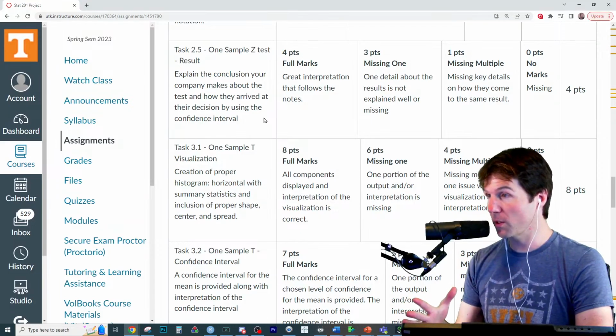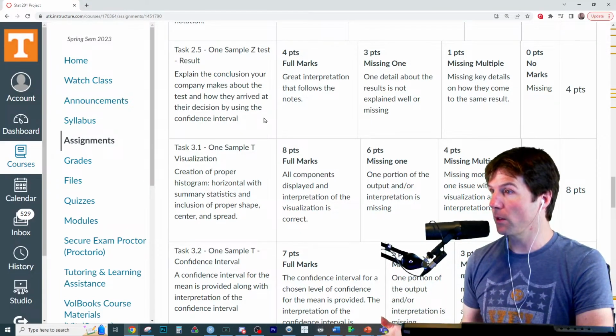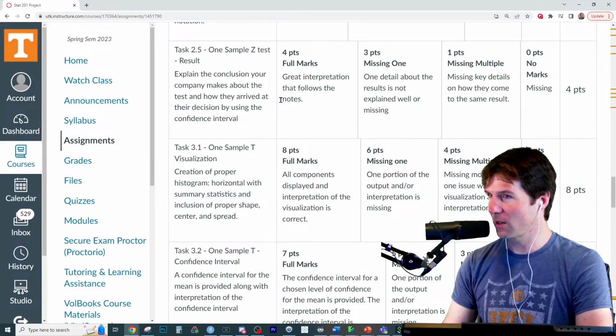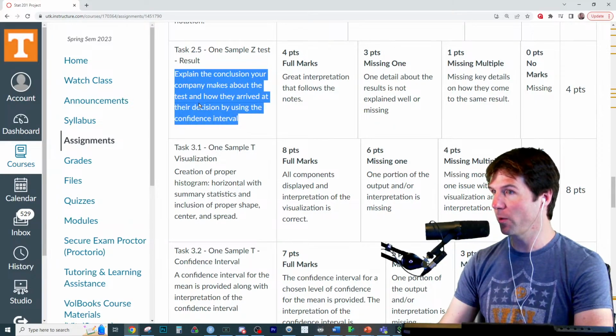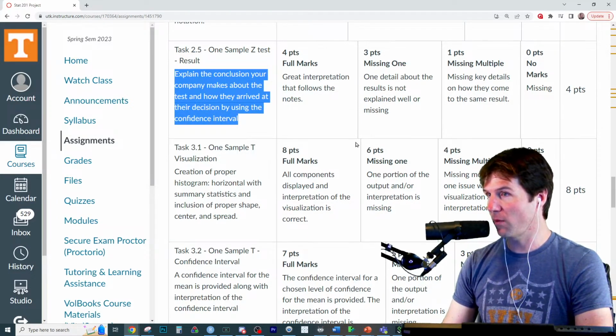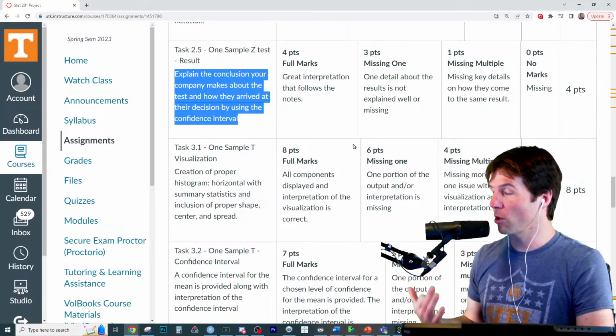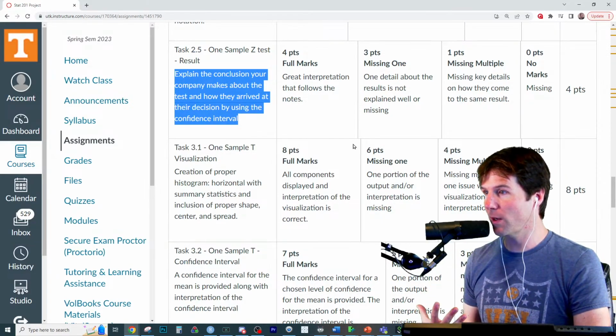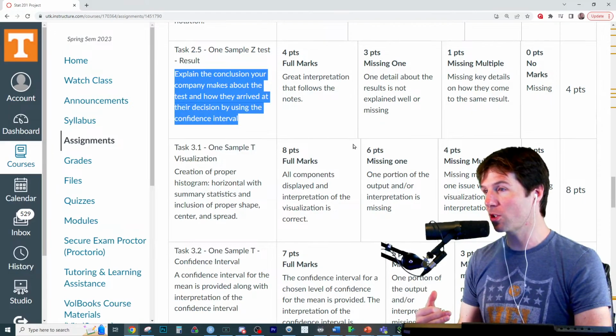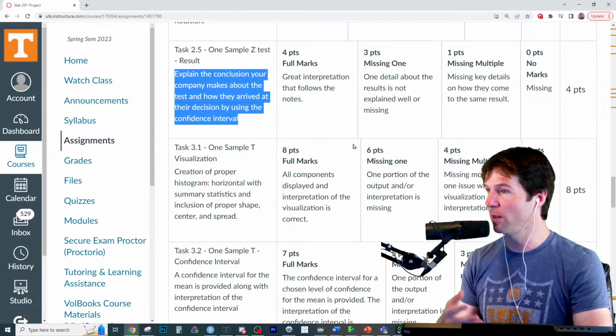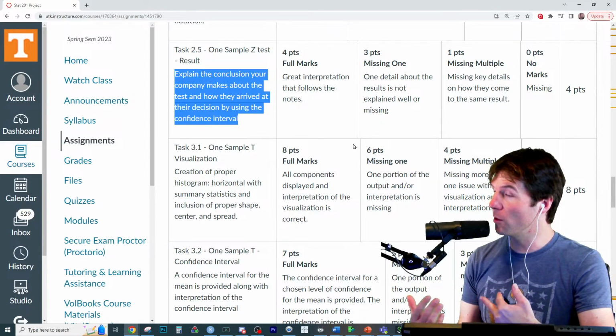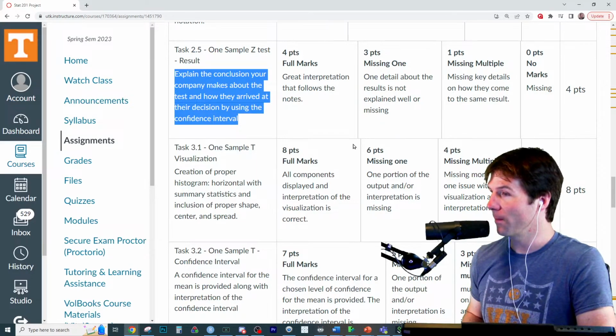So you also want to explain using the confidence interval, which we just did. Does that make sense? I think this should be very clear with what we did right here. Great interpretation that follows the notes. So you want to probably interpret your confidence interval, talk about why you believe that value or don't believe that value. And I'd also show the hypothesized test and then kind of mention the convergence or non-convergence of that test. Does that make sense, Janelle?